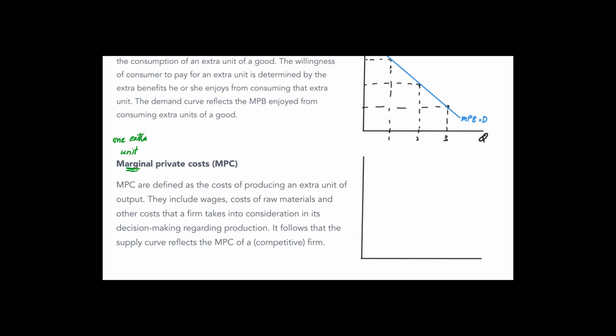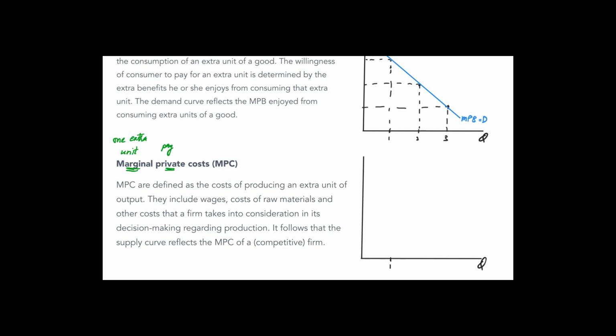So marginal is one extra unit को जब बनाने के लिए the monetary expense that I have to pay, the cost that I have to pay. Like for example, for making these chips, I have to pay for the raw material. I have to pay the wages. I have to pay for the interest. All of these are the costs that I have to pay for making those chips.